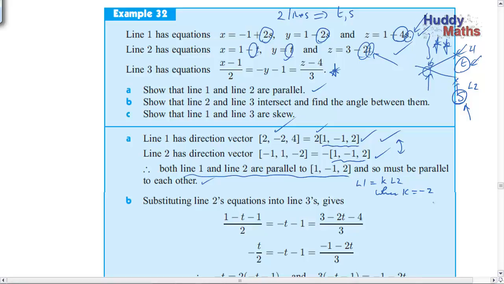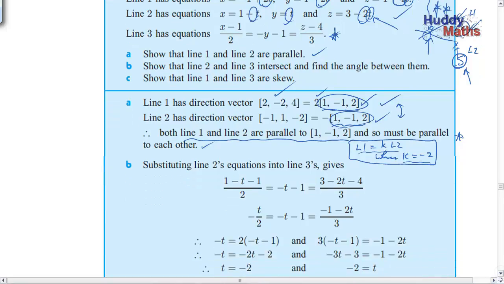So if you did that, I think that is better. That's the definition of parallelism. Well, this is okay. You say they both got this common vector here. That's okay. They're using the same notion. But this idea of saying that one is a scalar multiple of the other, where k equals neg 2, I like that a bit more.